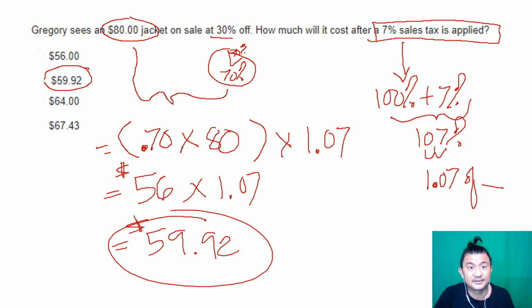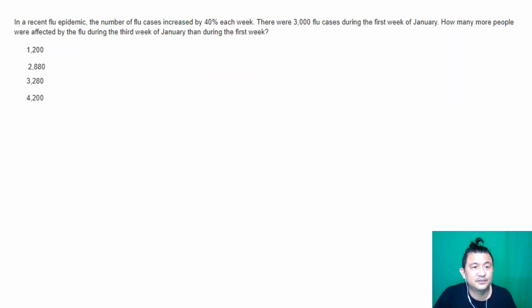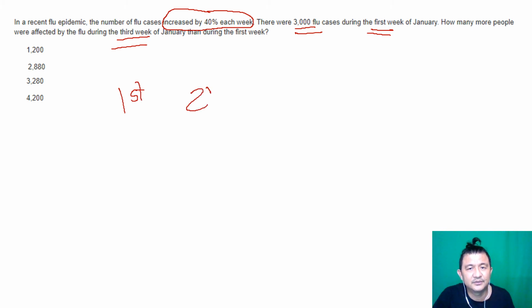Okay, next. A recent flu epidemic, the number of flu cases increased by 40% each week. There were 3,000 flu cases on the first week of January. How many more people were affected by the flu on the third week? Okay, so first week, second week, third week is we don't know, right? This is what we don't know.